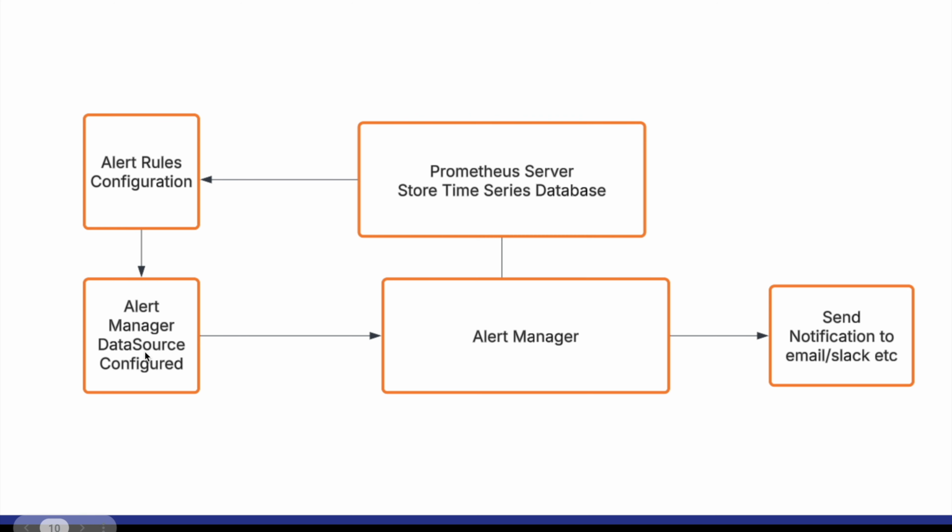And then you configure the data source in Alert Manager, which fetches all the alerts from Prometheus, and then you send the notifications to the emails or Slack, whatever you have configured. So this is how it looks.